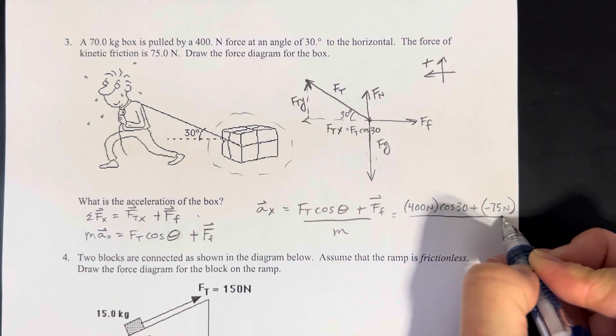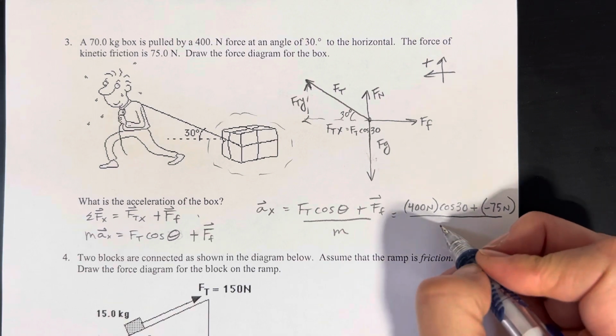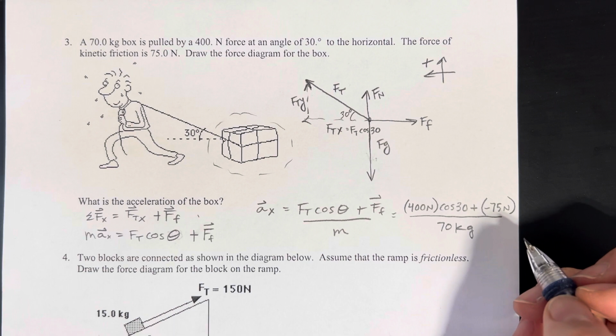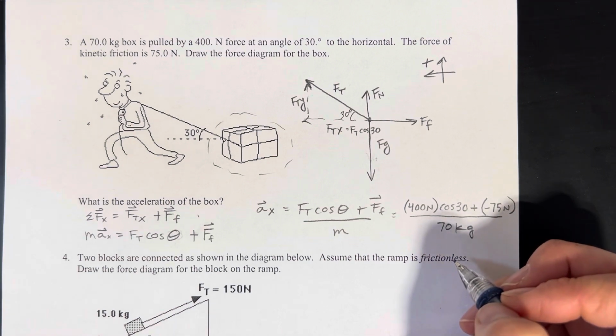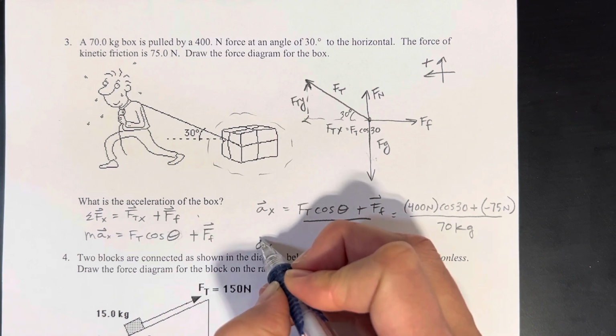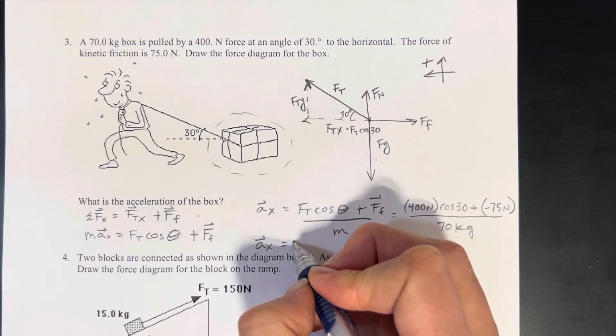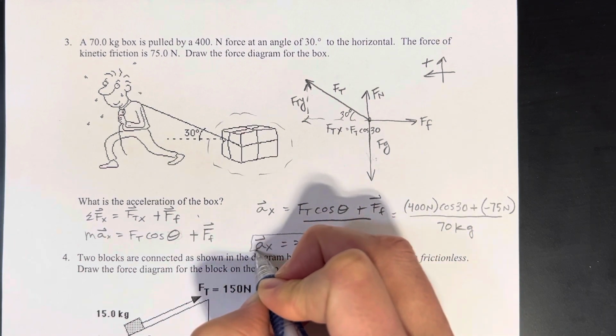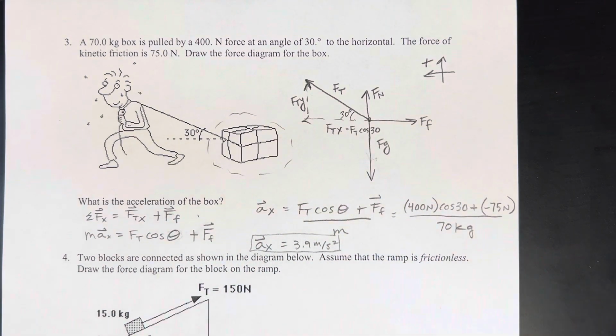And then I'm going to divide by my mass, which is 70 kilograms. And when you do that, you should get a number that is equal to 3.9 meters per second squared. Isn't physics so fun?